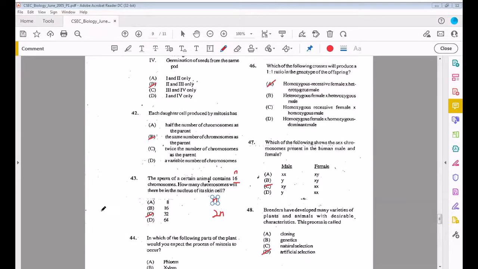So 46. Which of the following crosses will produce a 1-to-1 ratio in the genotype of the offspring? The answer is A. So a homozygous recessive female with a heterozygous male.